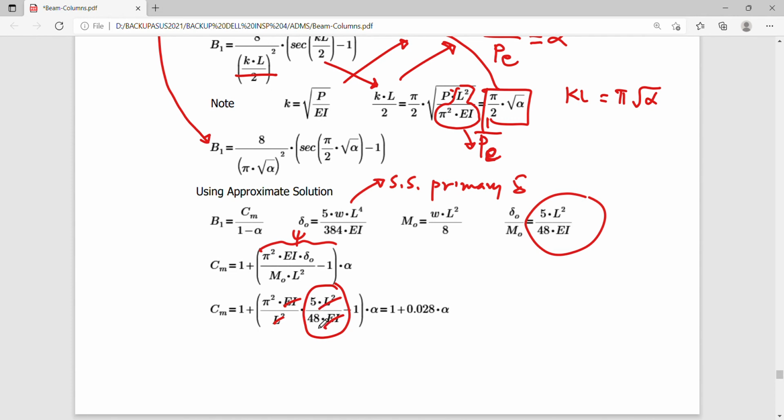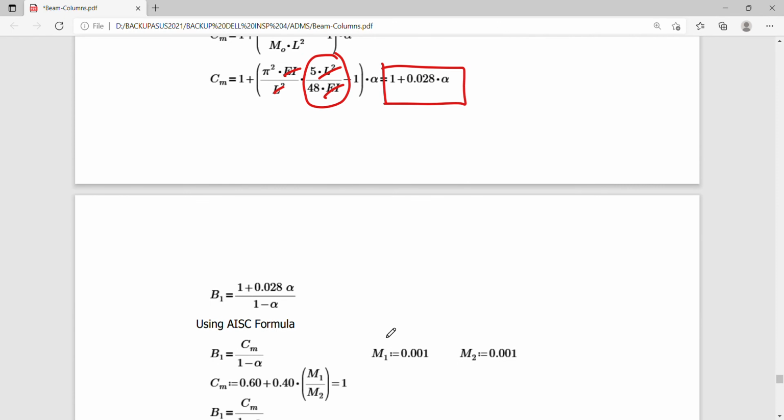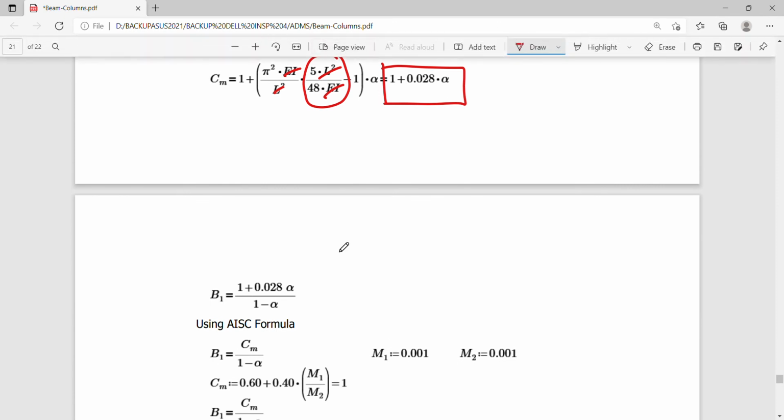So 5 over 48 times pi squared minus 1 becomes 0.028, and this Cm becomes 1 plus 0.028 alpha, based on the case that we have presented. So for the value of B1, we simply put Cm, which is equivalent to Cm over 1 minus alpha.